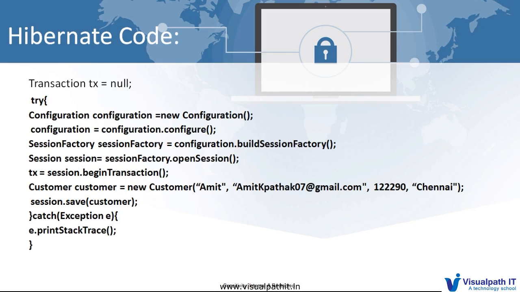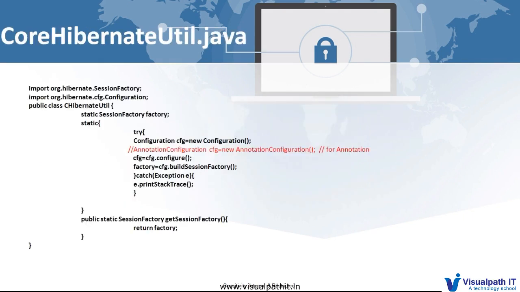When we write configuration equal to new configuration, it points out that this is Hibernate core. And for the same code, if we want to add annotation, we have to do this, the red colored part: configuration equal to new configuration, where we have to instantiate the annotation configuration class.